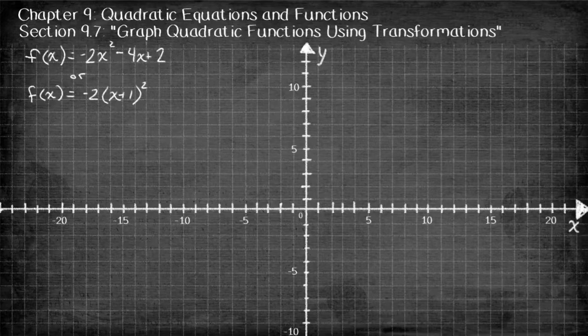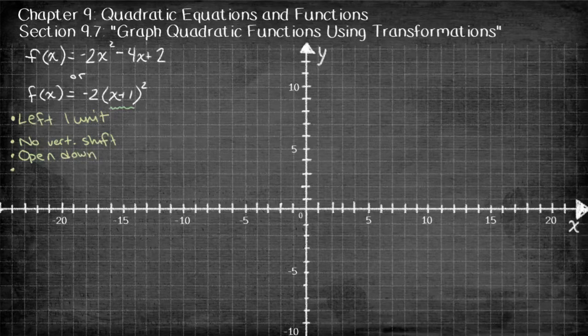So now we're just going to analyze. We have a plus 1 inside of the squared expression. So this means that this guy's been shifted left 1 unit. It doesn't have a plus or minus k after the square, so no vertical shift. It opens downwards because the thing that we're multiplying by is negative.